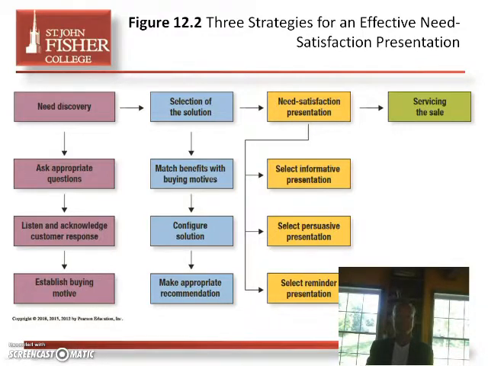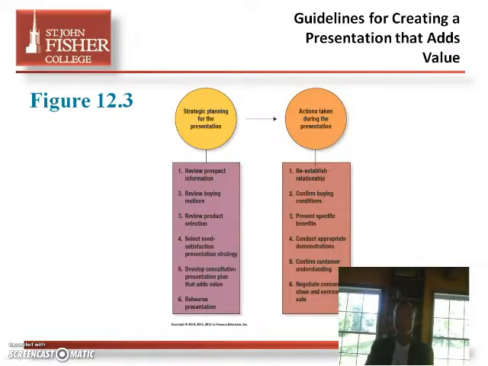The second presentation goes more towards persuasive, reviewing the informative, and then finally the third presentation is really the reminder presentation, reminding the buying prospect or the buying center of the features and benefits and the different reasons why someone would buy this particular product. So oftentimes a sales representative needs to be very skilled at all 3: the informative presentation, the persuasive presentation, and of course the reminder presentation.